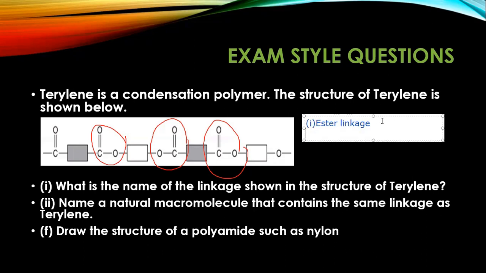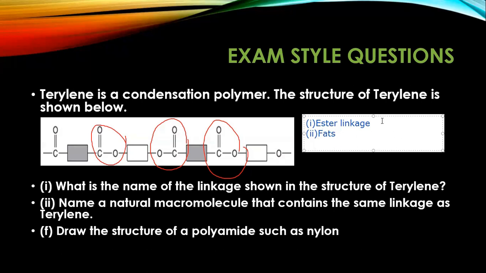So this is the simple answer for part 1. Part 2 says, name a natural macromolecule that contains the same linkage as terylene. You just learned that a natural macromolecule which contains the same ester linkage is fats.